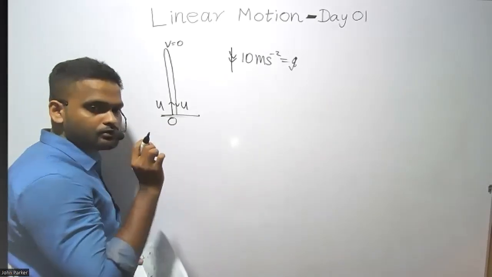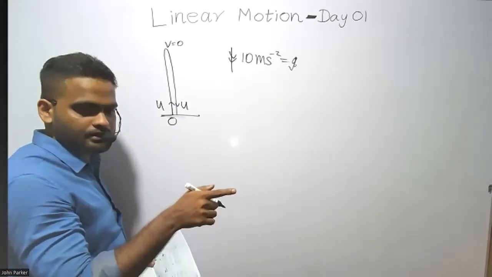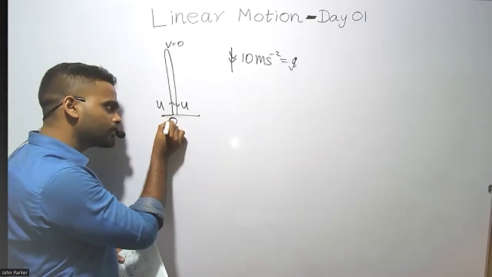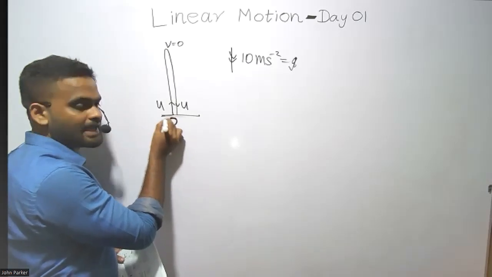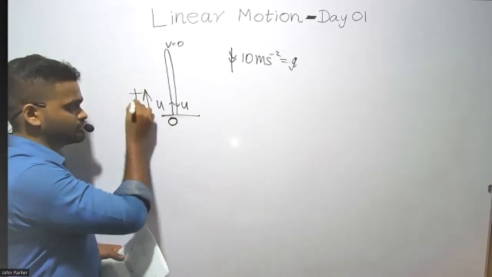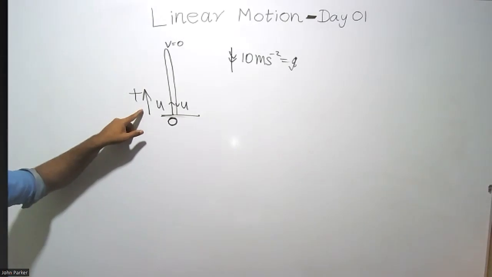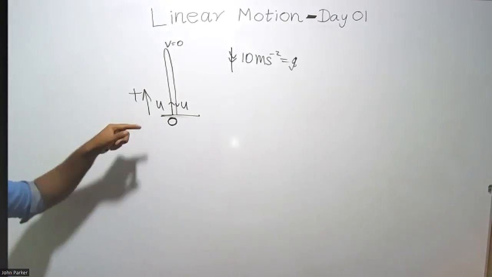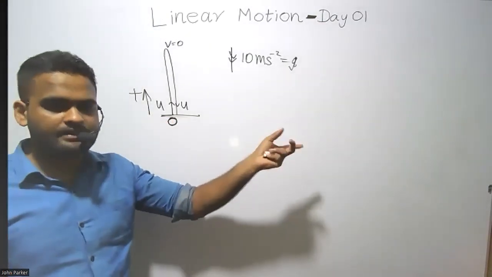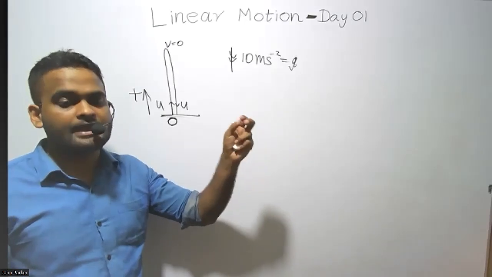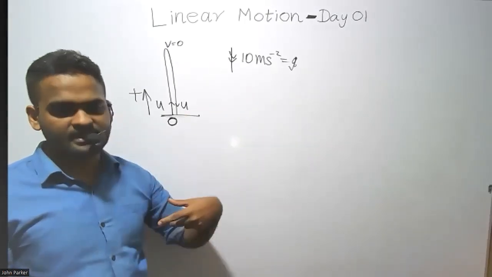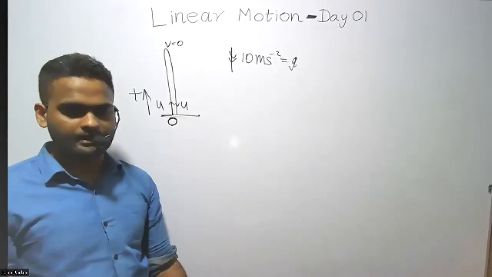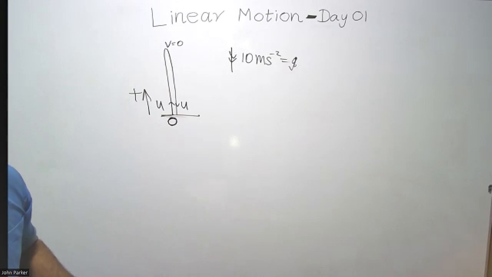So whenever you define a motion, you always have to define an origin where you start the motion and a positive direction. What does positive direction mean? Any vector in that direction is positive. If anything is in the opposite direction, it is negative.